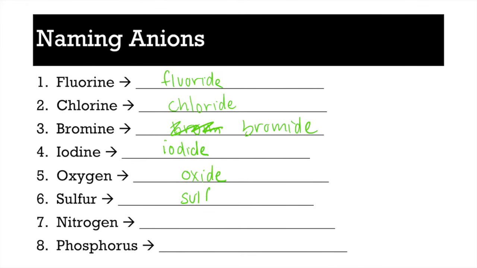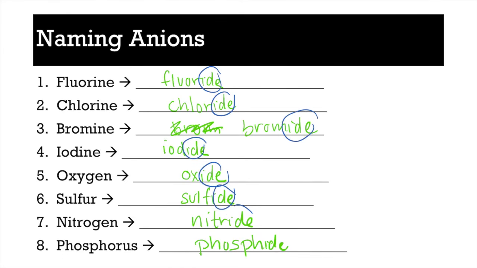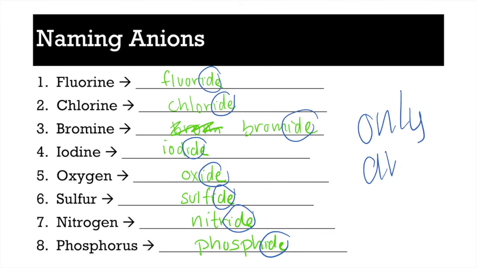Sulfur turns into sulfide. Nitrogen turns into nitride. And phosphorus turns into phosphide. Again, all of these have the IDE ending. So only the anions, so those non-metals, get this new ending.